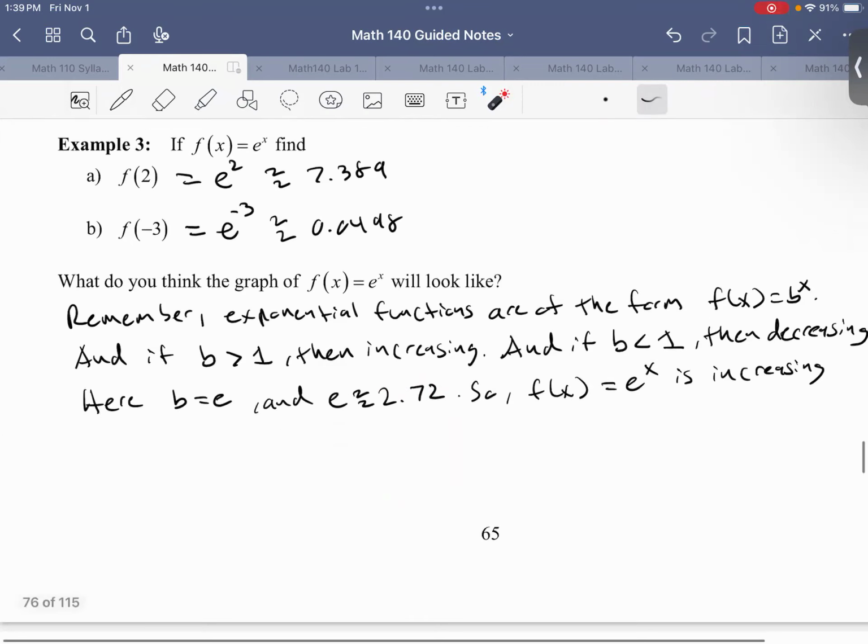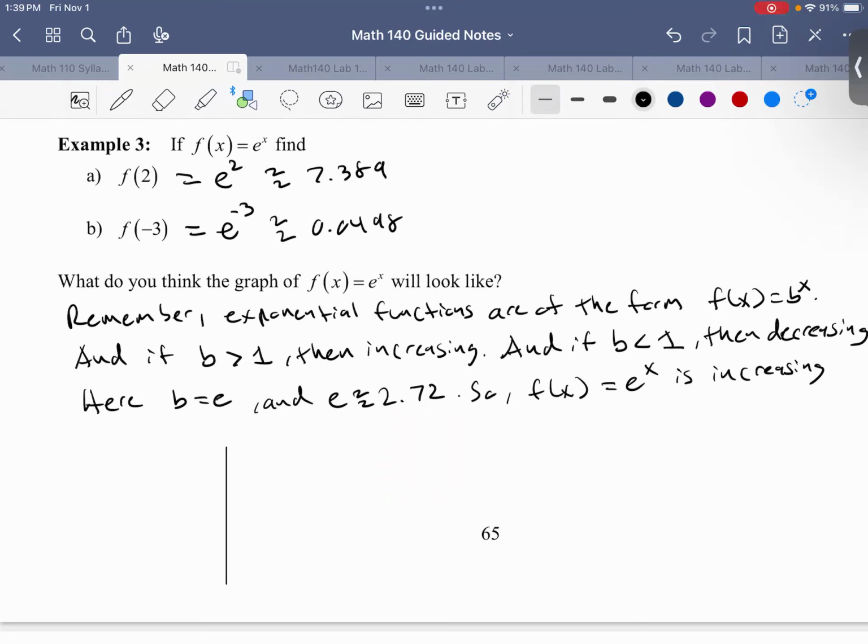So the graph would look much like our other examples where we have an increasing exponential function. They all have that intercept at 0, 1, and these functions don't cross the x-axis, and the function would look something like that.